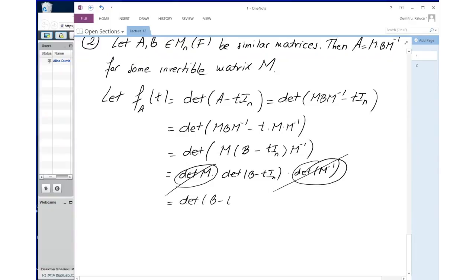So we're left with the determinant of B minus t identity, and that's exactly what we would call the characteristic polynomial of the matrix B. So A and B have the same size, n by n, and the same characteristic polynomial. The polynomial, therefore, will have the same zeros. So A and B have the same eigenvalues.